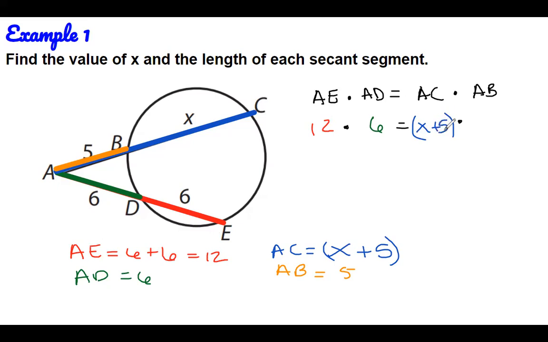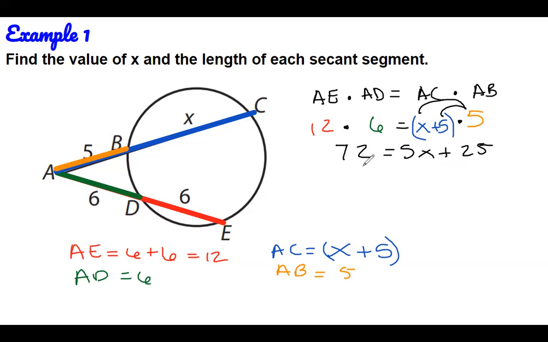X plus 5. And what is AB? 5. Okay. Let's simplify. 12 times 6, there you go, 72. And then what do we do with the number outside of our parentheses? Distribute. So we should have 5x plus 25.